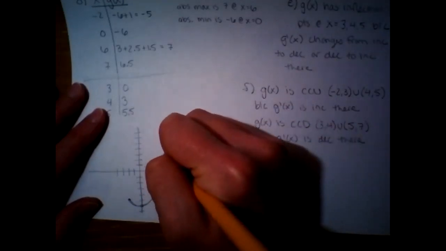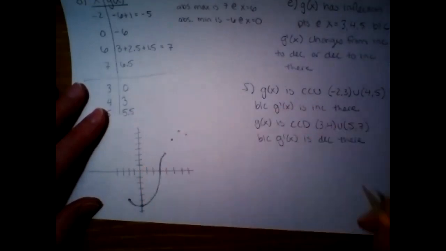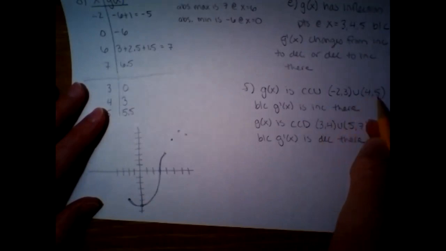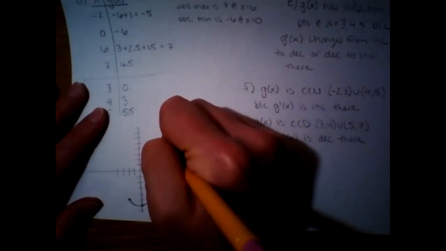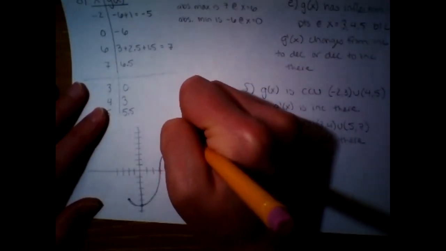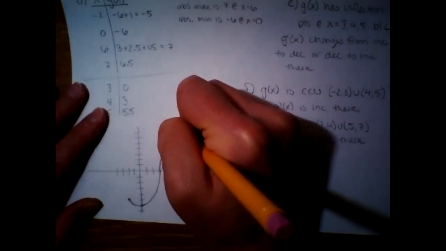So you want to change it, make it bend the other direction. And then we want to be concave up again from 4 to 5. So concave up for that part, and then concave down from 5 to 7. So concave down for the rest of it.